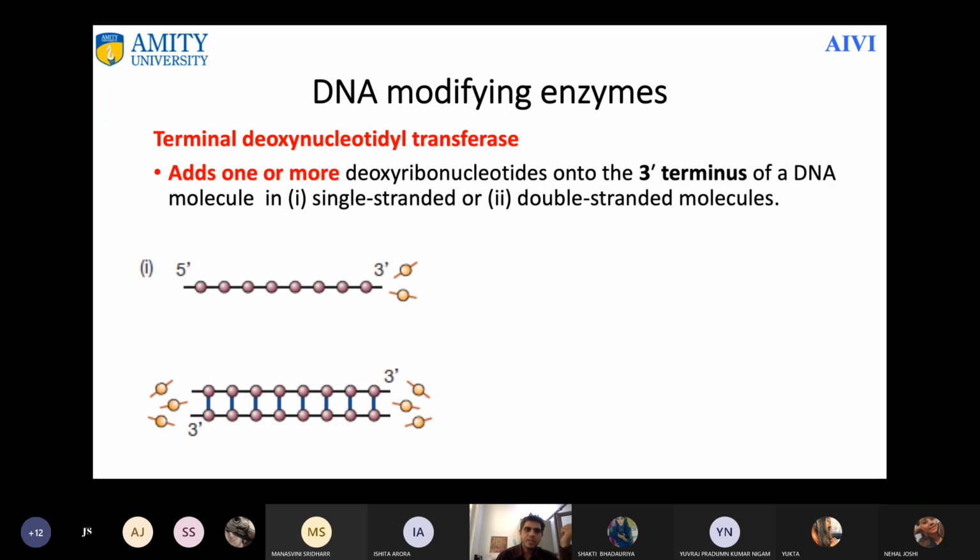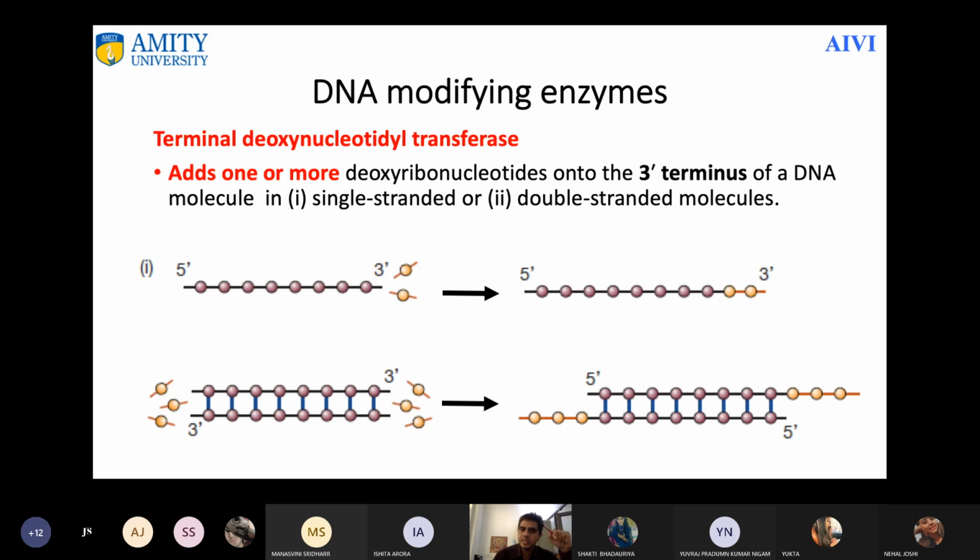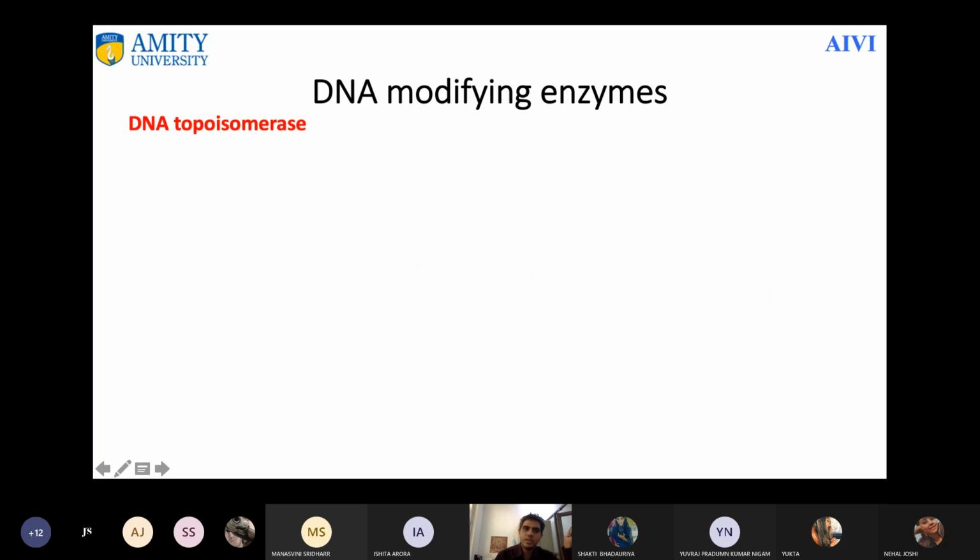As you can see, the direction is 5' to 3'. When you add, it is going to add to the 3' end. So one similarity between DNA polymerases and terminal transferases is that they both add at the 3' terminus. Replication extends from 5' to 3', and here also it is 5' to 3'. So nucleotides are added at the 3' end of both strands of the DNA.